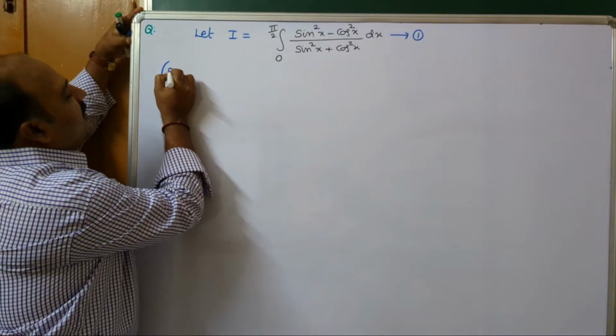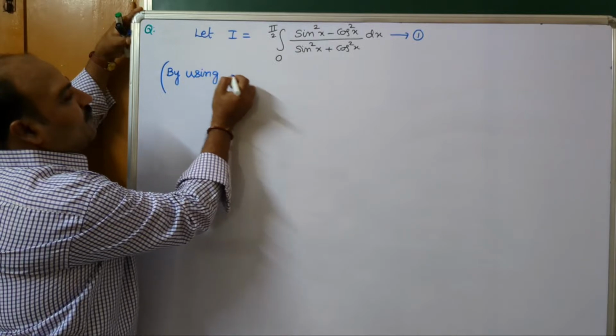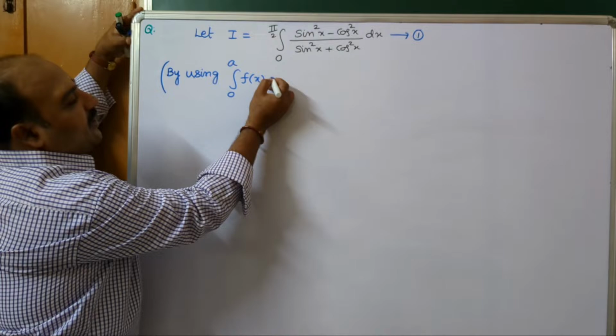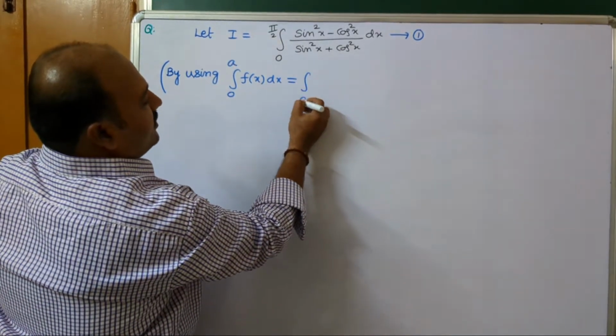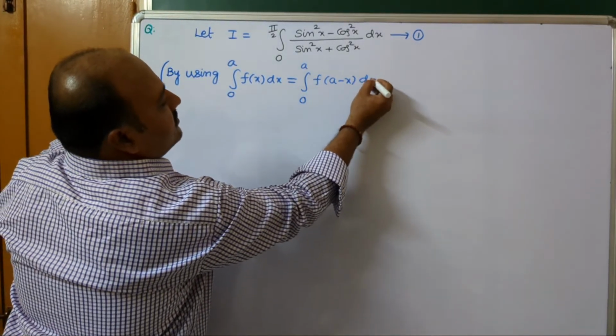So by using the property integral 0 to a f of x into dx is equal to integral 0 to a f of a minus x into dx.